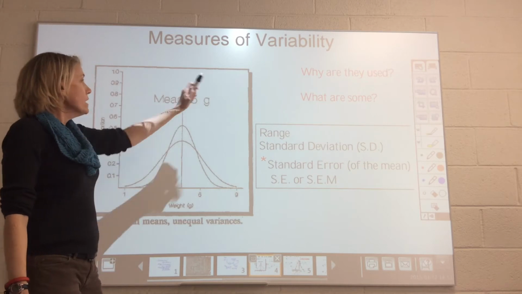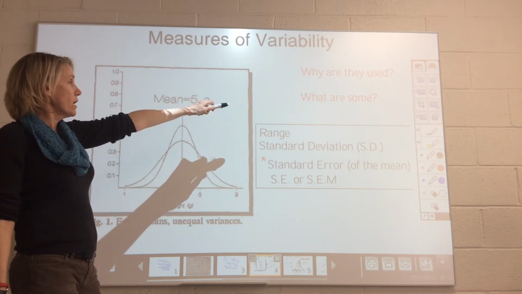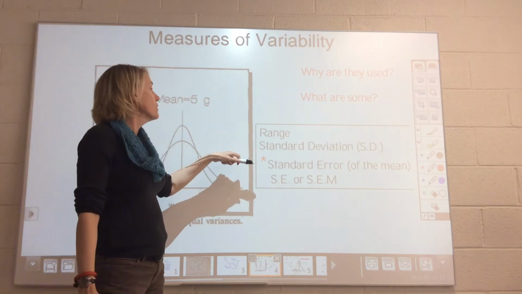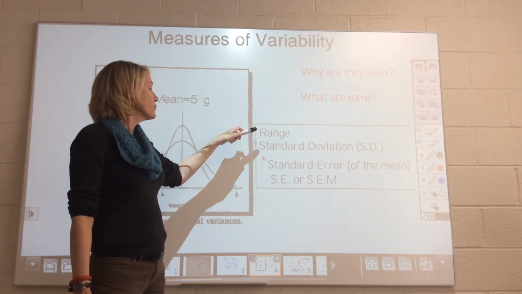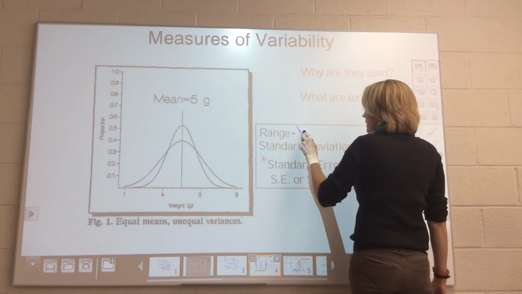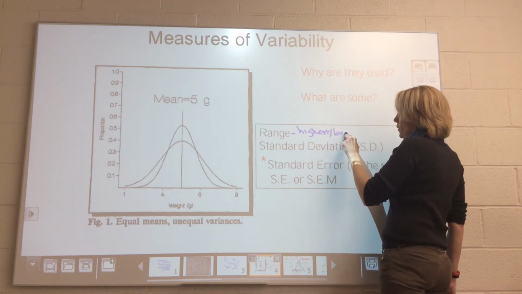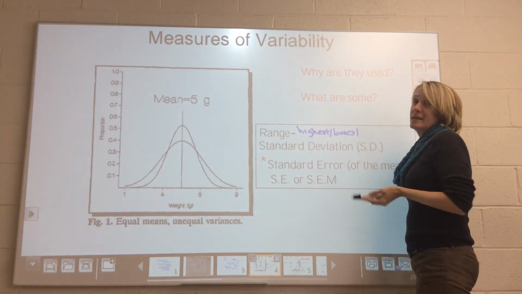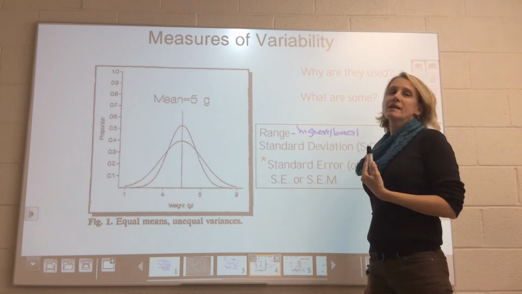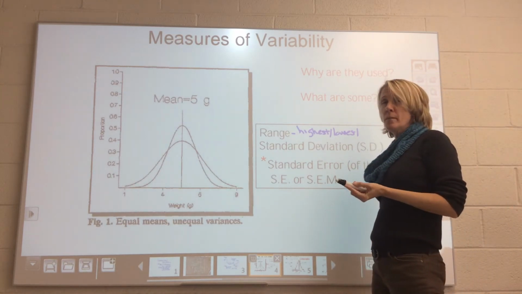So why are these measures used? Here are some frequent ways that you might encounter. The range is just looking at basically the highest and the lowest. You're not going to really encounter the range too much in biology.